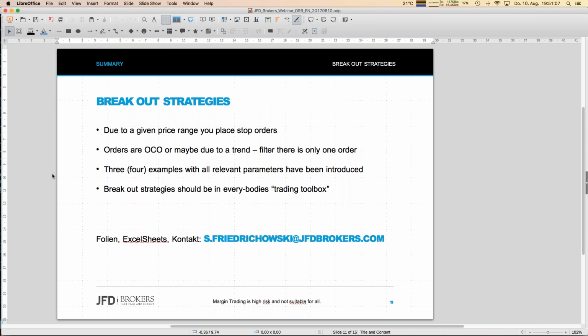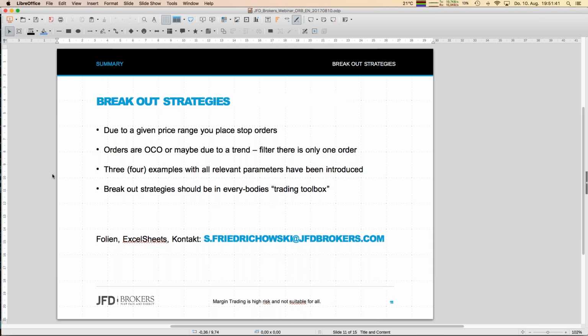Okay, so that has been 3 well-defined strategies for breakout scenarios. And now I'm on my summary. You see that breakout strategies are easy to implement. You start with a given price range, however you define that price range: the day before, the week before, or in the cases I presented today, just certain times, a range start time and range end time.